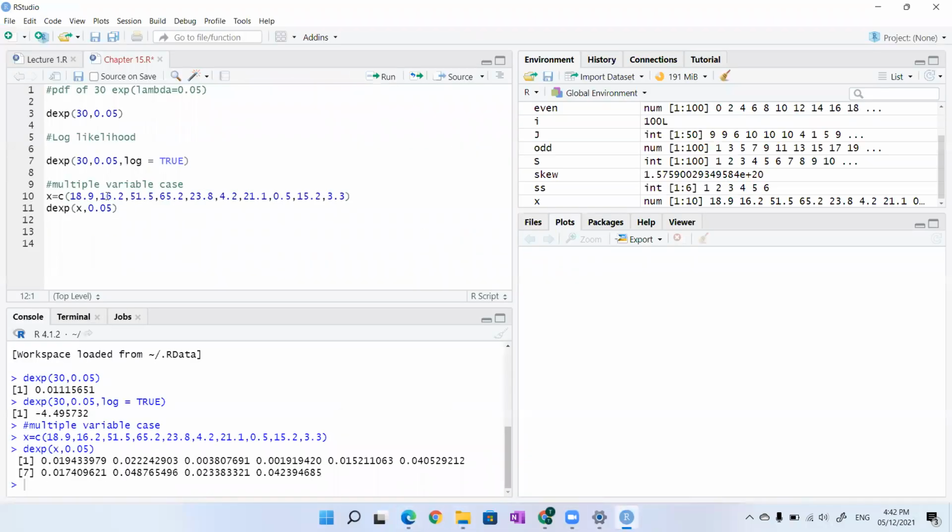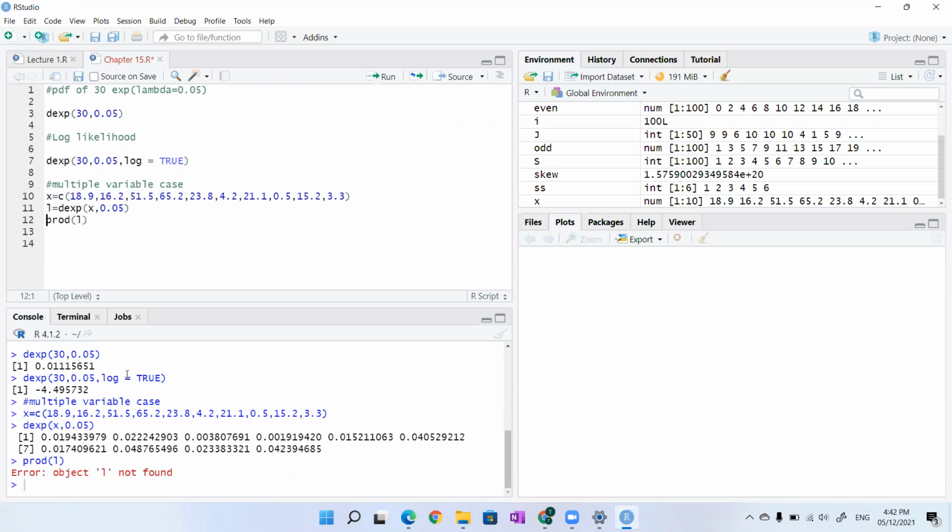So that would be basically the product of your fxi. You got fx for each individual value, but you do not have the product. So I save this as some variable, suppose L. I will just use the product of L. The short form is prod. Write just L. Okay, L not found.